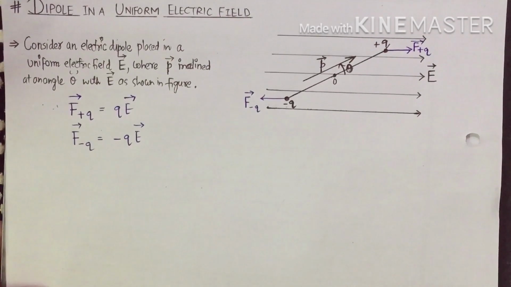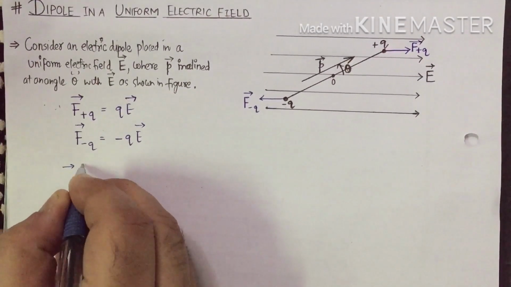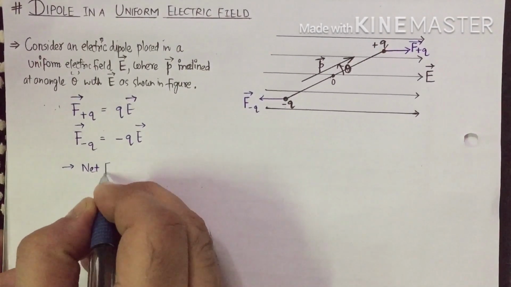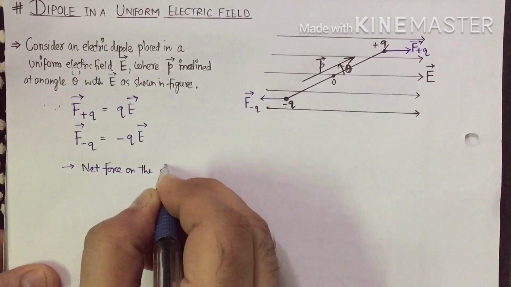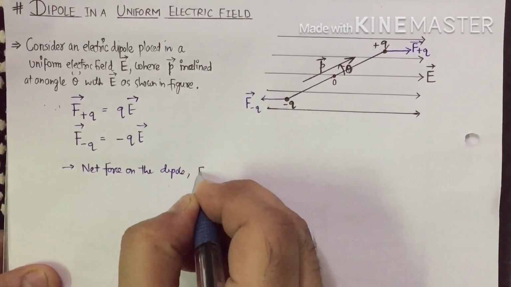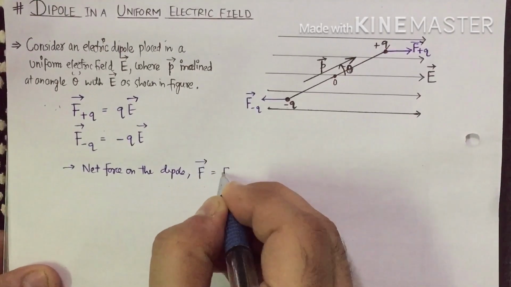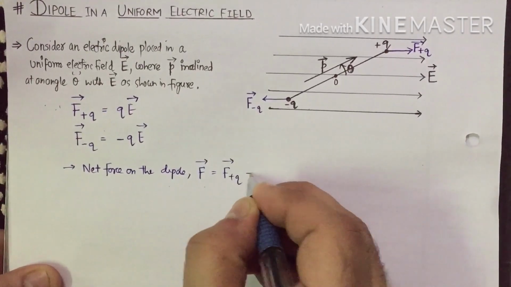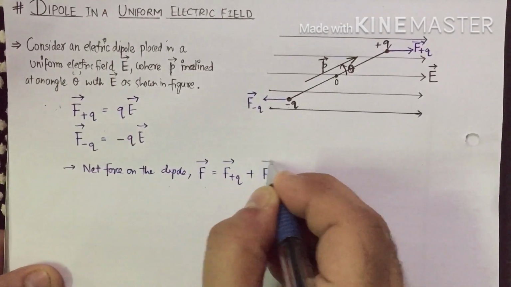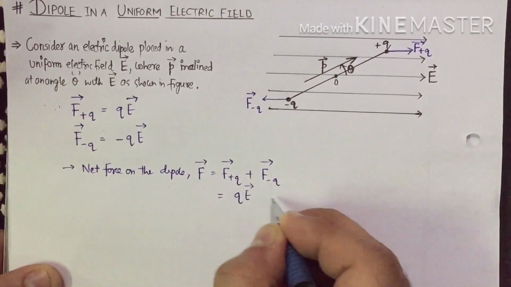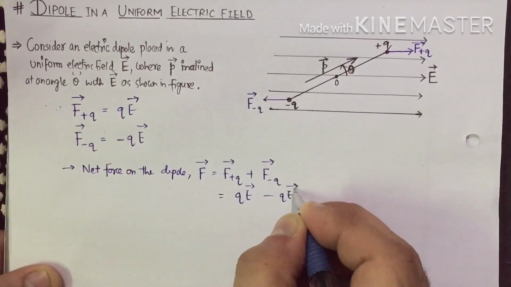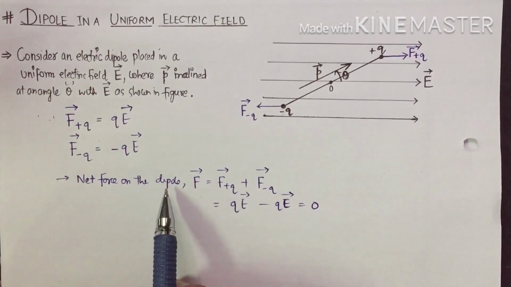So if you calculate the net force on the dipole, F, which is F plus Q plus F minus Q, this is equal to QE vector minus QE vector. So we can see the net force on the dipole is 0.